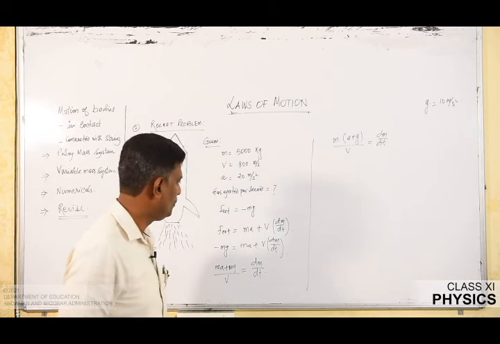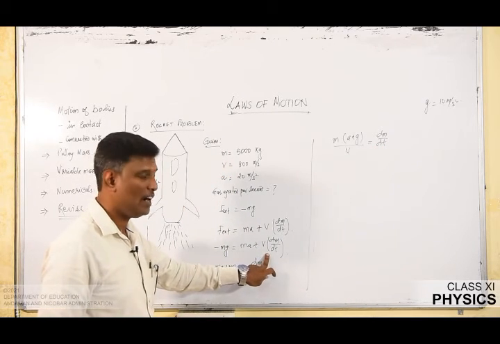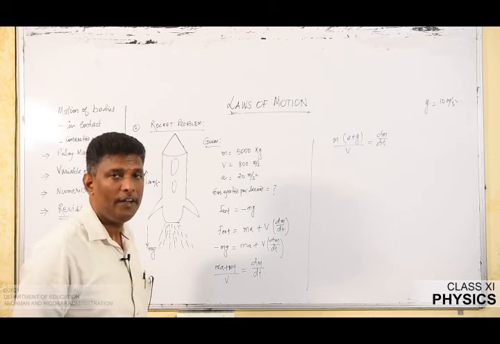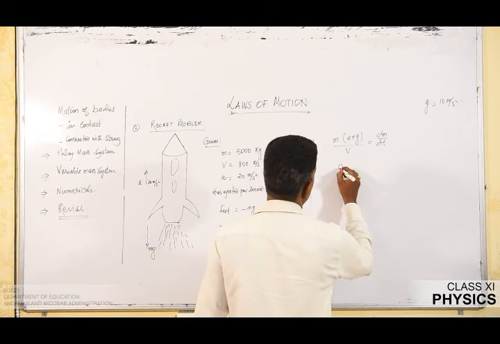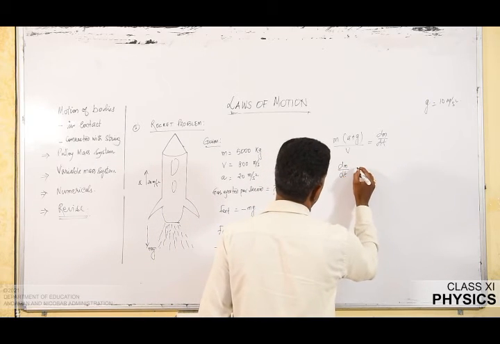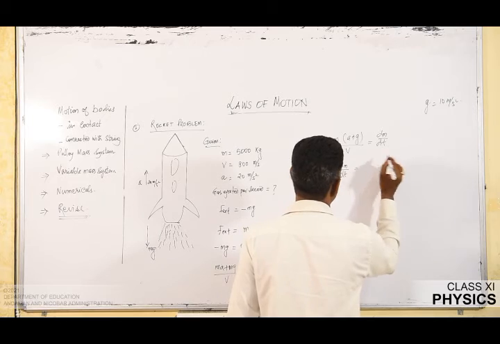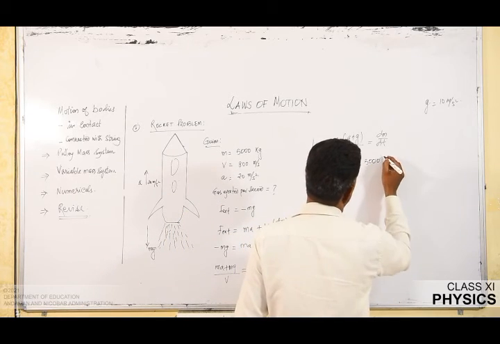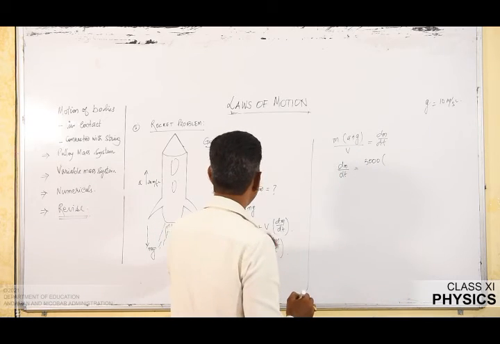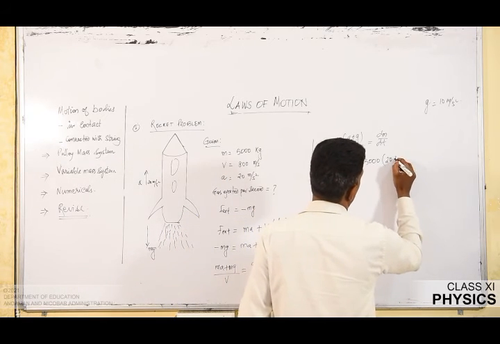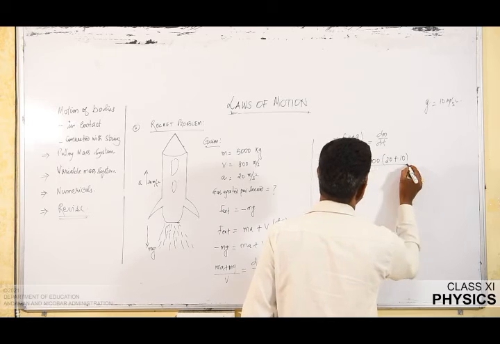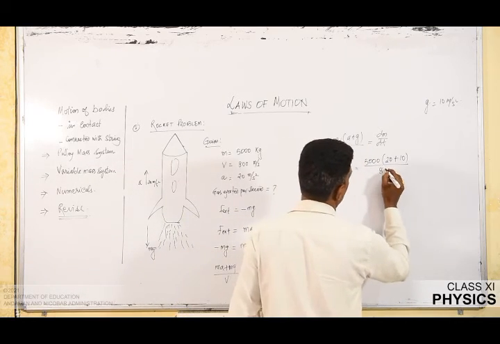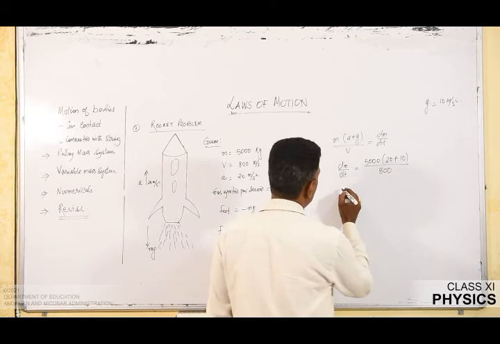What we need to find? The rate at which the mass is reduced, or simply dm by dt we need to find. So, dm by dt is equal to m, mass is given, that is 5000, into a, given 20, plus g 10, divided by velocity, that is 800.